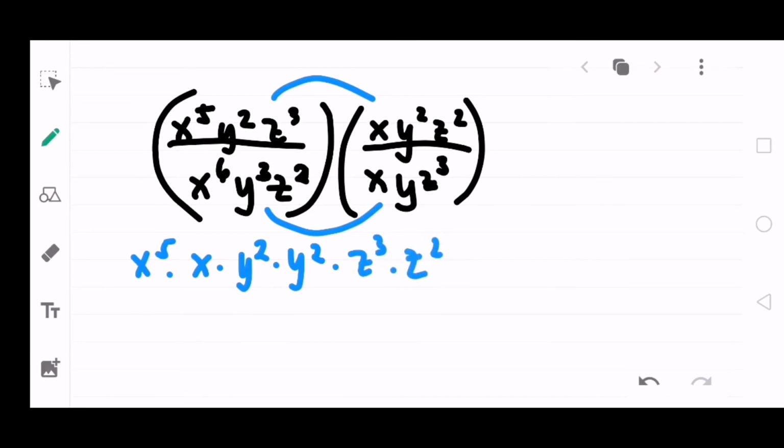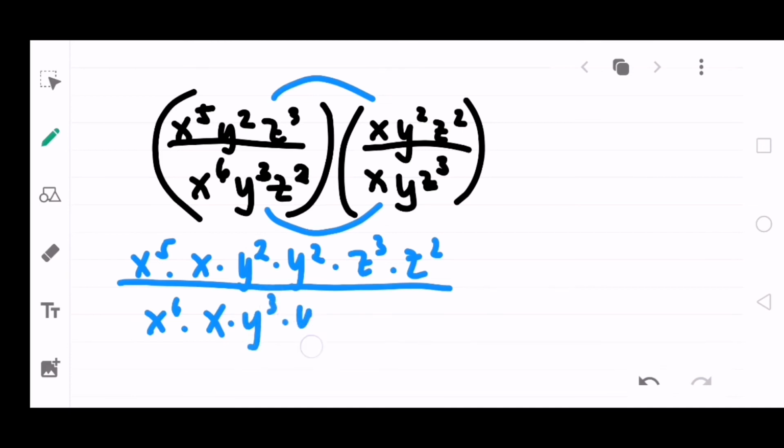This is for the numerator, while for the denominator, let's put together the common bases. So we will have x raised to 6 times x times y raised to 3 times y, and then times c raised to 2 times c raised to 3. Now let's simplify the numerator and the denominator.